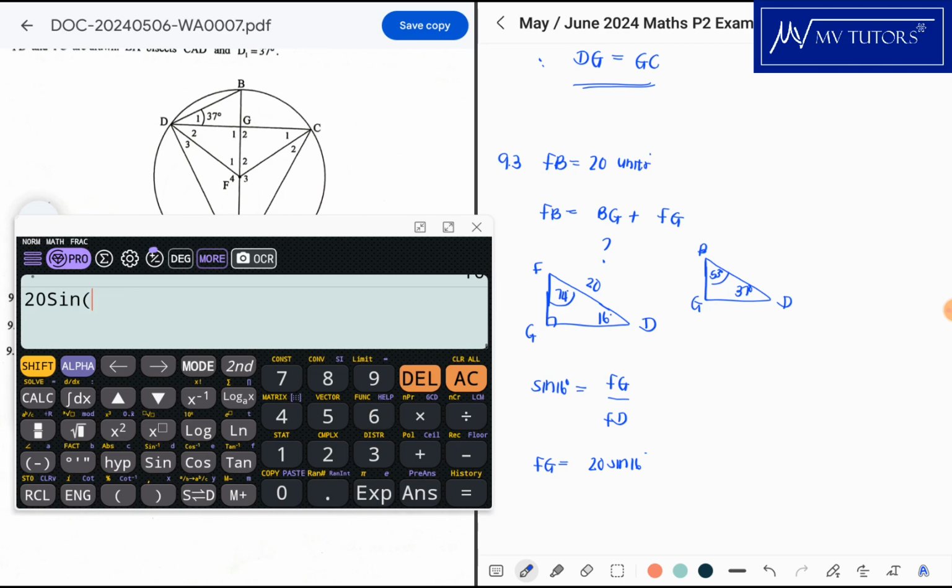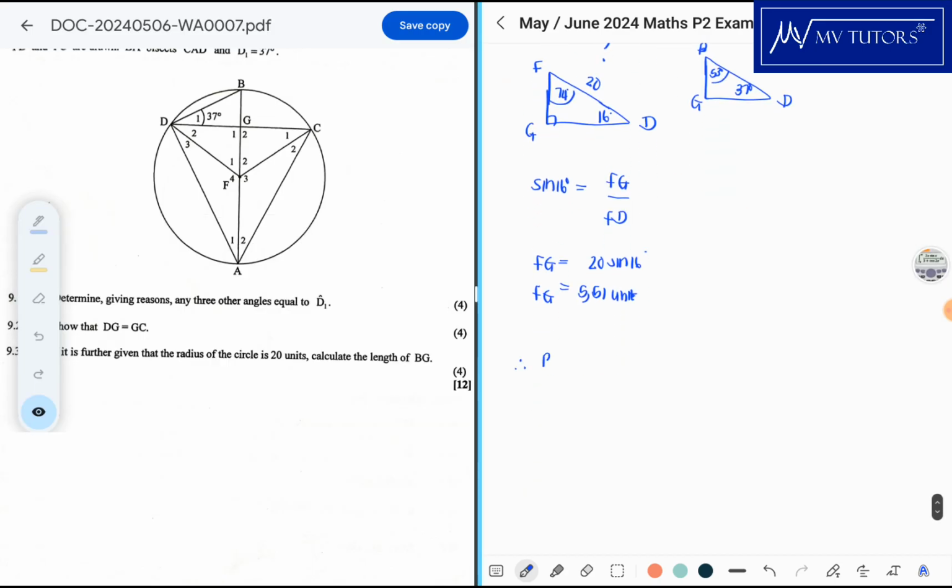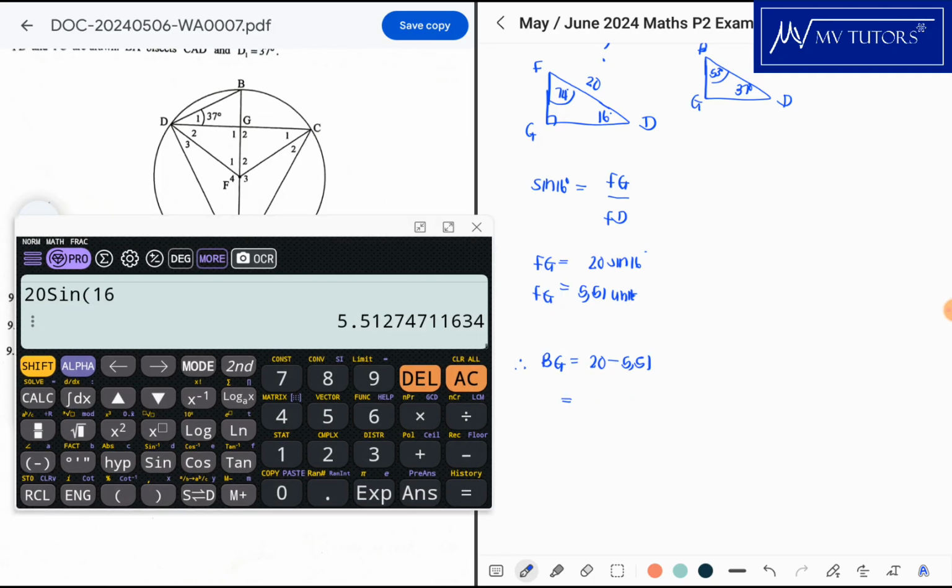It's been a long day. 20 sine 16 is actually 5,51 units. Alrighty, so now I can finally get BG. Therefore, BG is 20 minus 5,51 units. And what would that be? 20 minus the answer. That's 14,49.